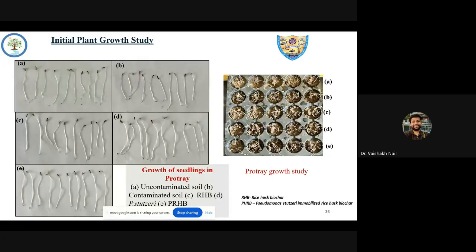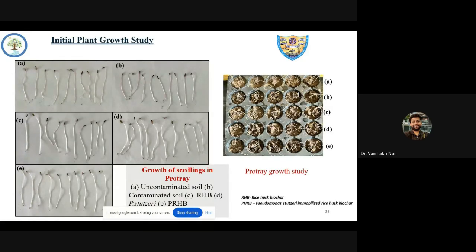So we can see that, from figure E1, A is the uncontaminated soil, without any contamination. This is spinach, which was grown, and you will see that in the normal soil it grows well.